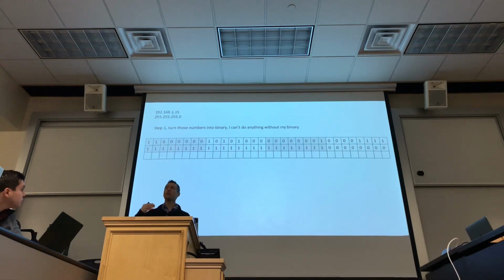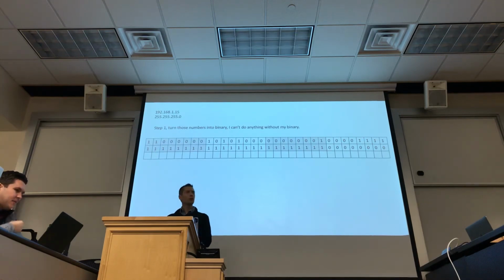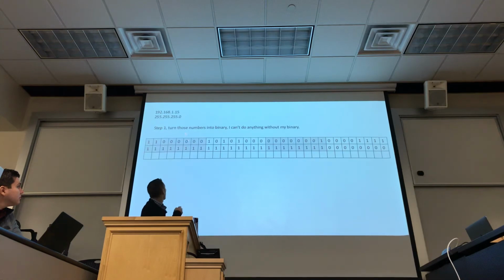Unless it's a really common number, we can't really do anything in terms of understanding the IP addresses and the networks until we turn it to binary first. That's the trick. It's tempting to avoid that, but you don't know it completely unless you go to binary. So I turn those two numbers into binary.